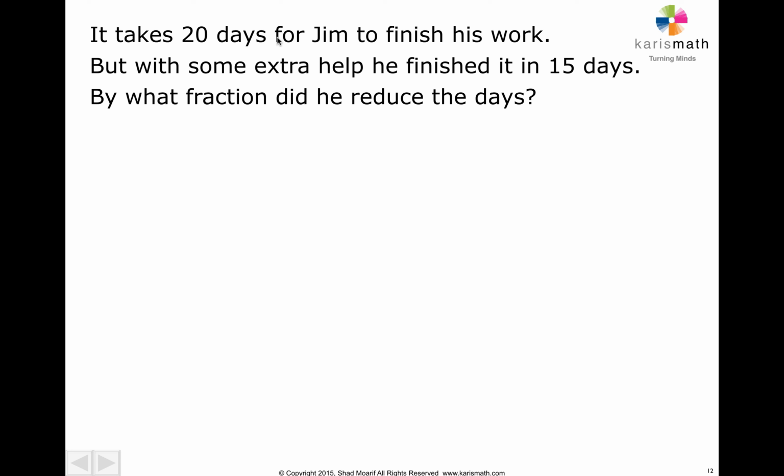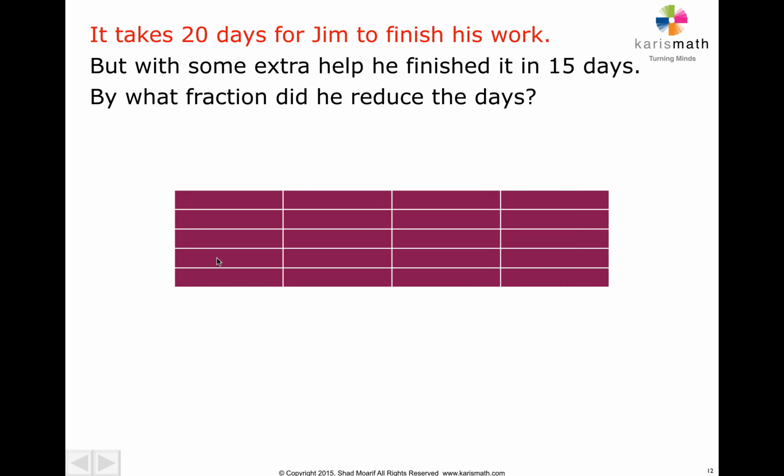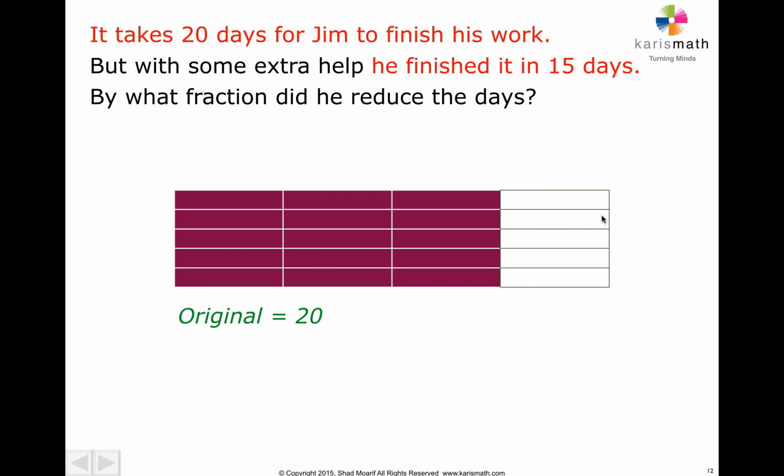For example, it takes Jim 20 days to finish his work. That's the total number of days it takes for him to finish his work. That was the original amount, 20. Now with some extra help, he finished it in 15 days. So you knock out 5 of those days.